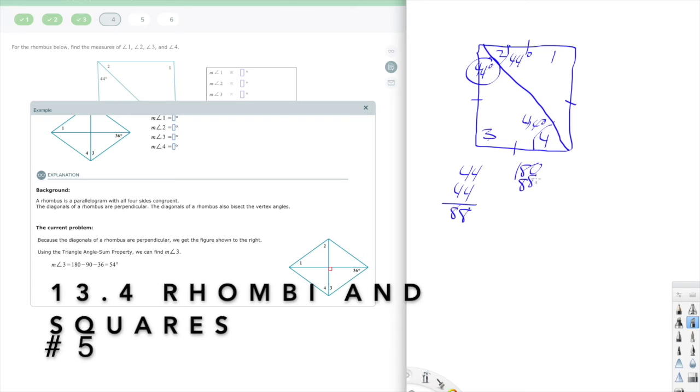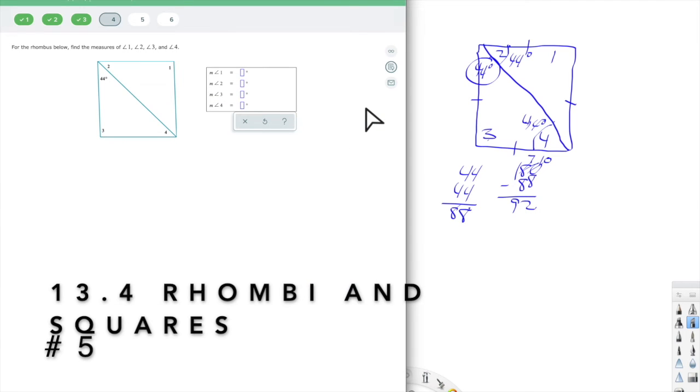I've used 88, so I'm just going to subtract, and let's see, that would be 92, right? So angle 3 here has to be 92 degrees. So just going through and understanding some of those pieces. That diagram didn't quite show us the diagonals, and for a rhombus they are a little bit more special where they bisect that angle. So that definitely changes things up a little bit.